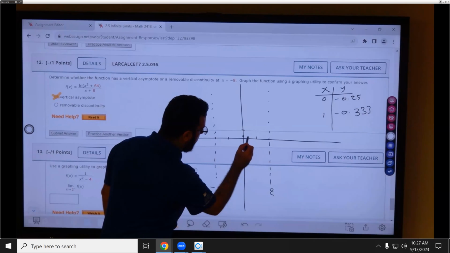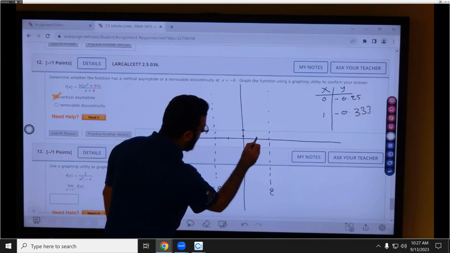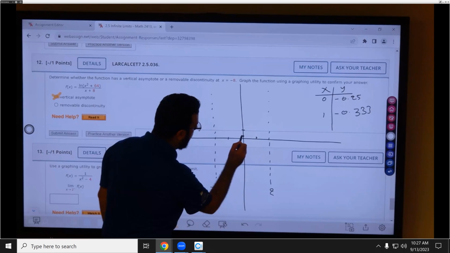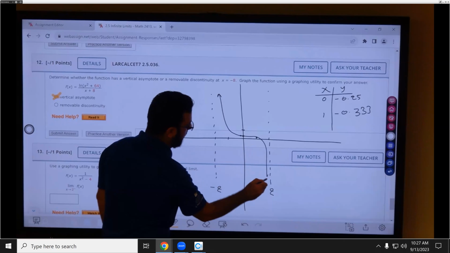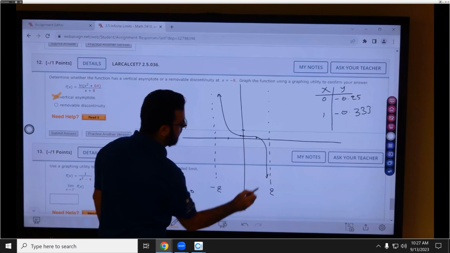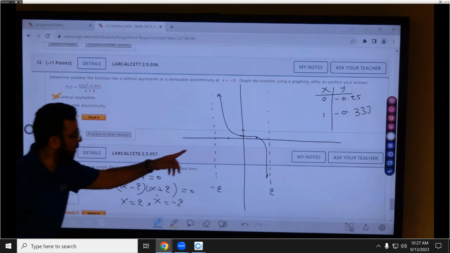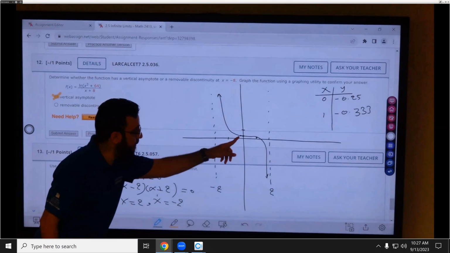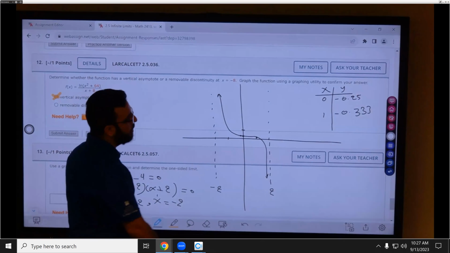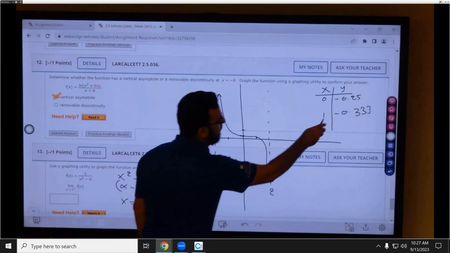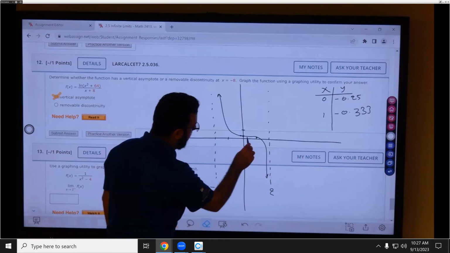The function going where? From this side it's going to be like this. Oh, wait a minute, 0.25. This is not half. The function is going up.